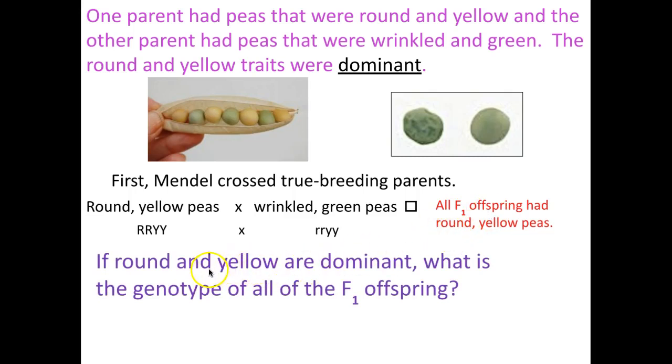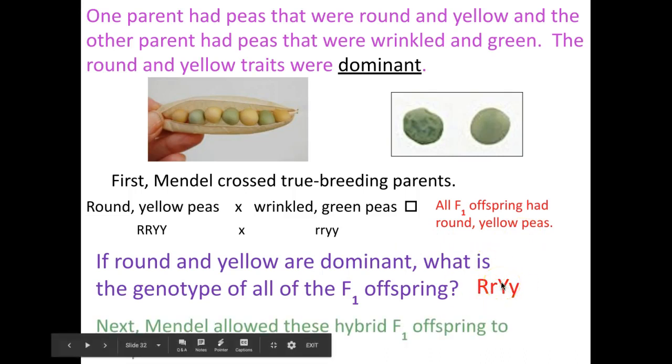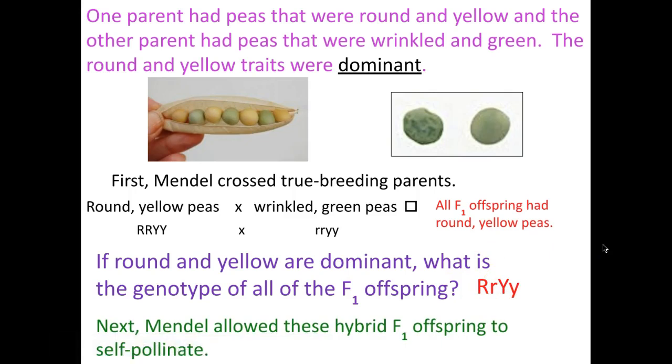So, if round and yellow are dominant, what is the genotype of all F1 offspring? It was heterozygous for both traits. And there is a way to determine this, and I'll show you that in just a second. But next, Mendel allowed the first generation offspring to self-pollinate.